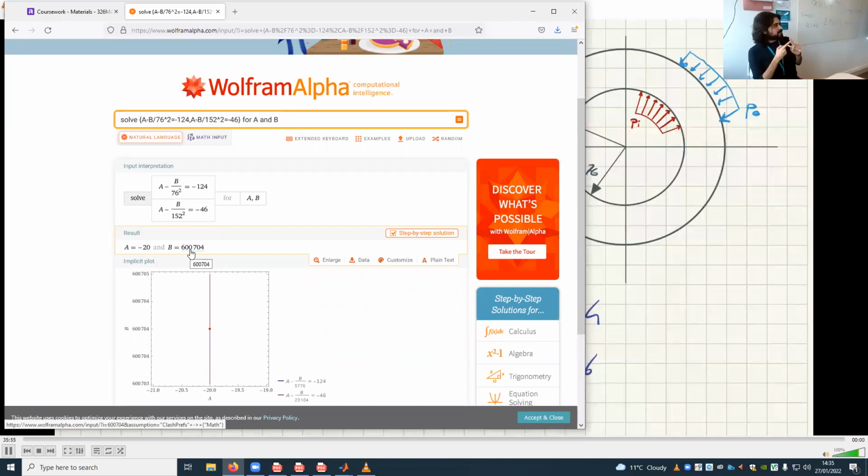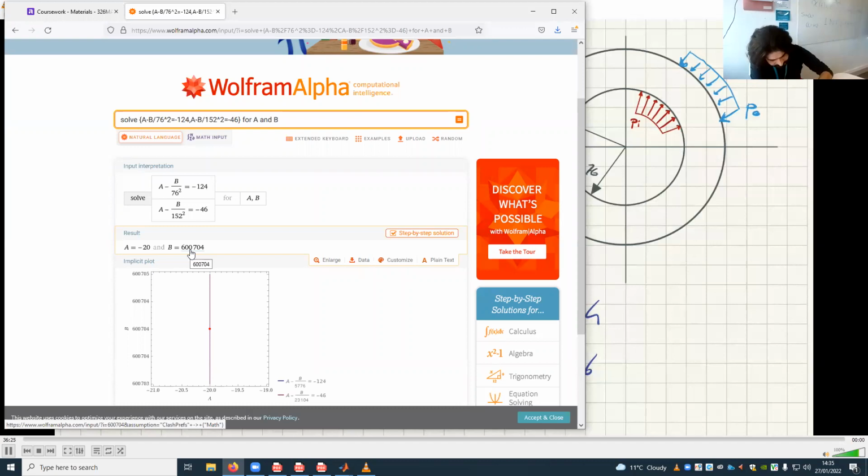You should have consistent units among the equations, okay? If you have different units than Newton and megapascals, these numbers might vary wildly. B is 600,704 because I'm using megapascal. If you're using Pascal, this may be orders of magnitude different. So don't be scared, just keep using consistent units.